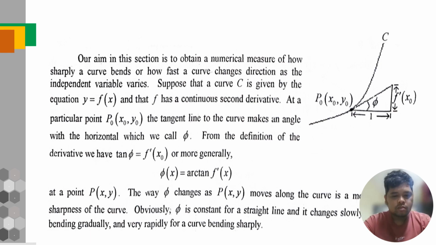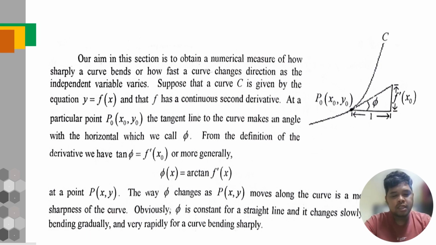So from the definition of the derivative, we have tangent of phi is equal to f prime of x sub 0, or more generally, we have phi of x equals arctan of f prime of x.